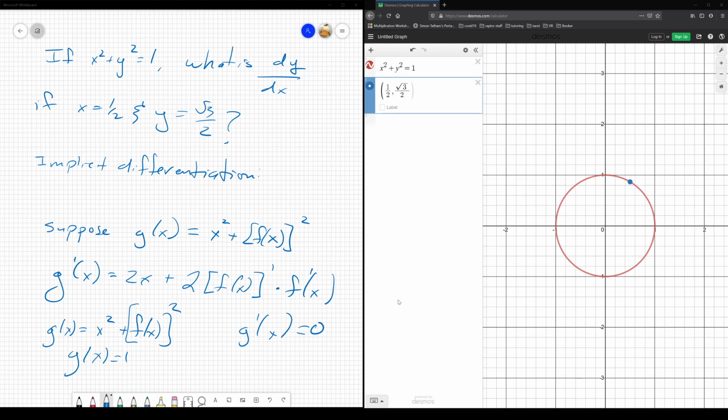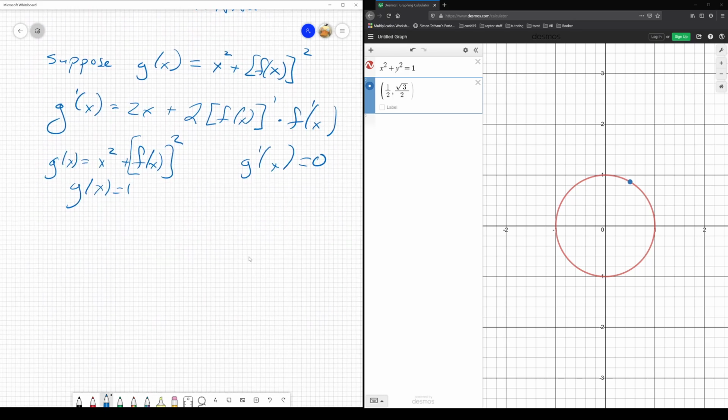So what I get out of this is that actually 2x plus 2 times f of x times f prime of x equals 0. So the usual way I would write this is 2x plus 2y times y prime equals 0.